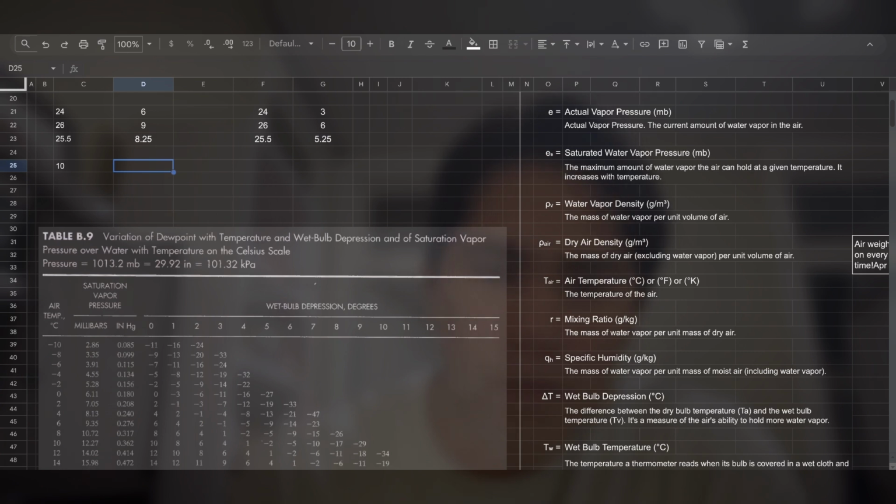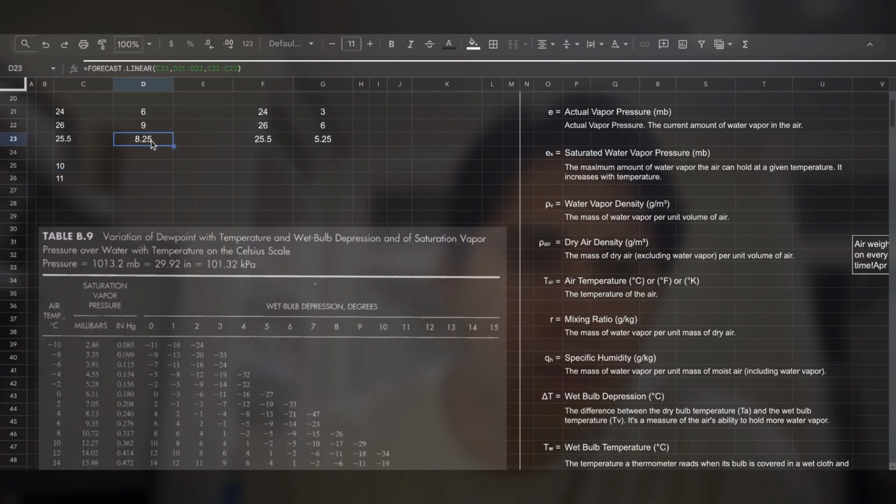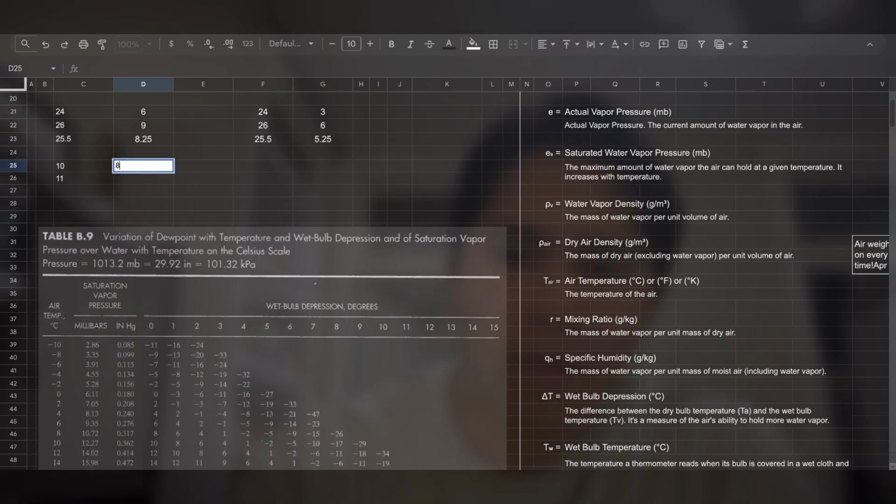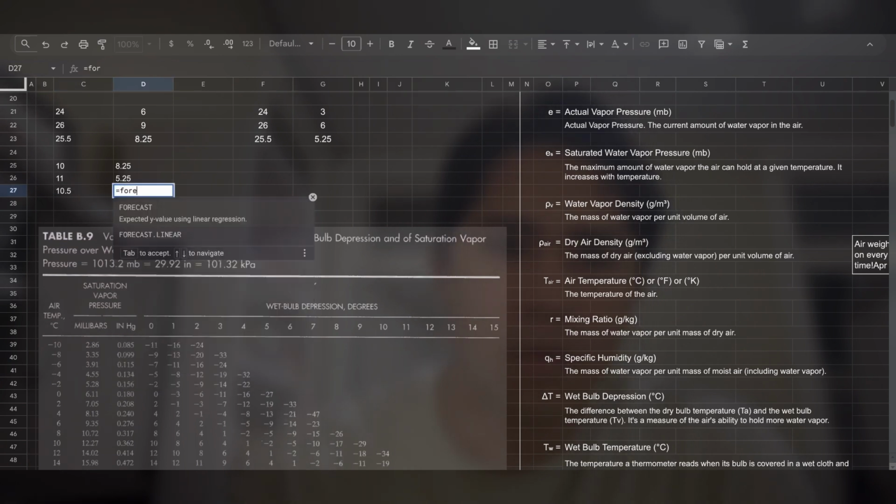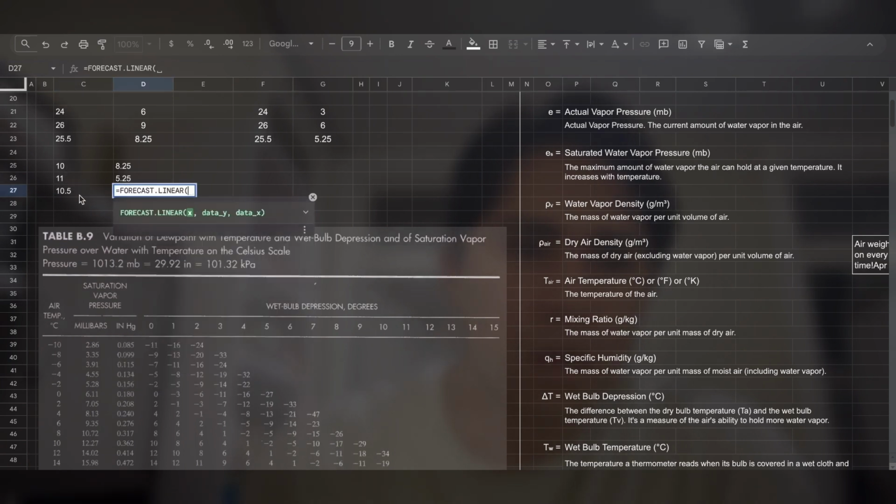We have the values for 11. The value for 10 is this one here, 8.25. And the value for 11 will be 5.25. We're interested in 10.5, and this will be equal to the forecast of what 10.5 will be.